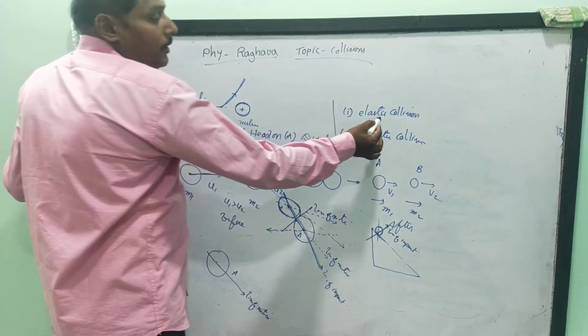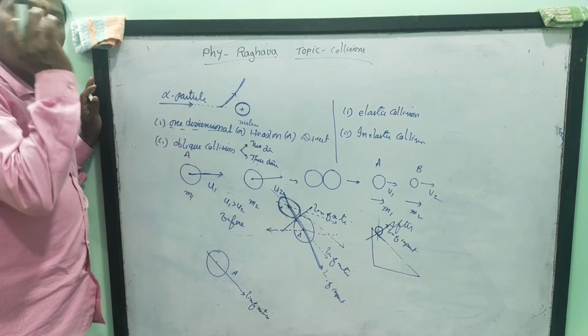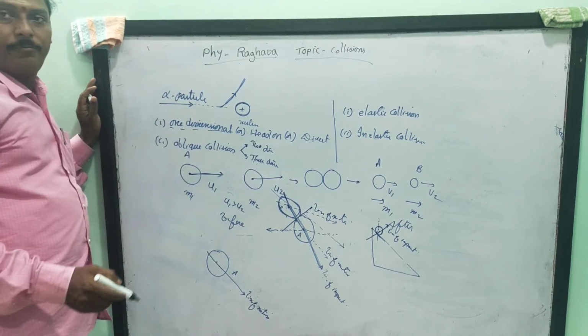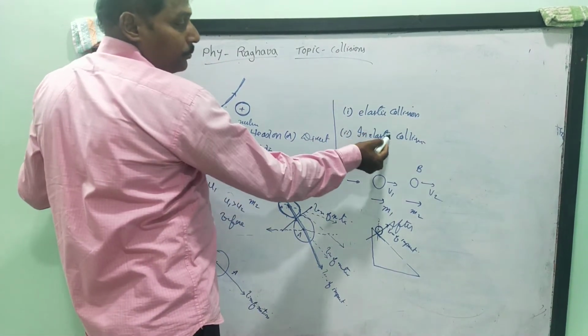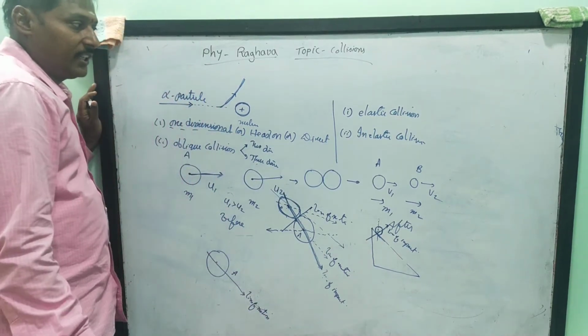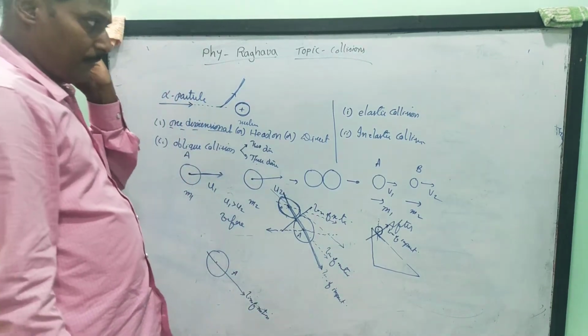Next, the conservation of total kinetic energy: collisions are divided into two groups. Number one is elastic collision, another is inelastic collision.